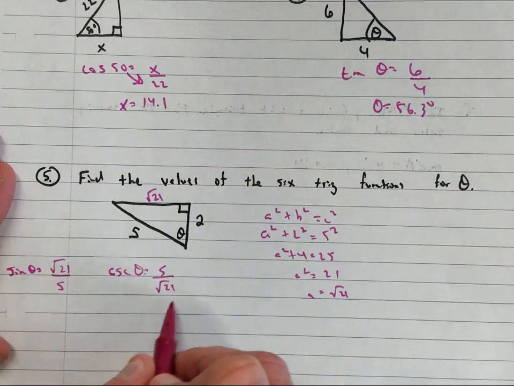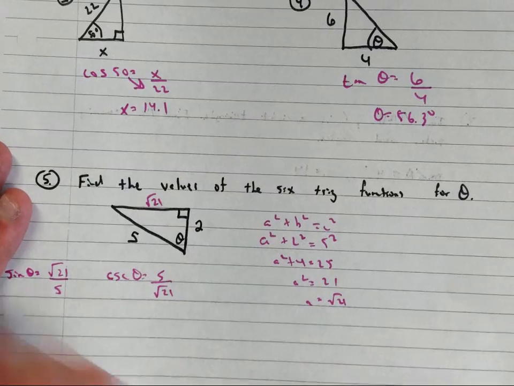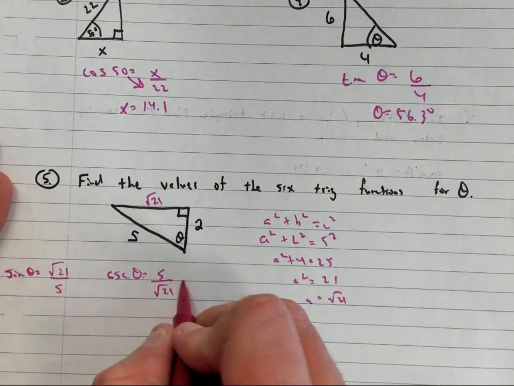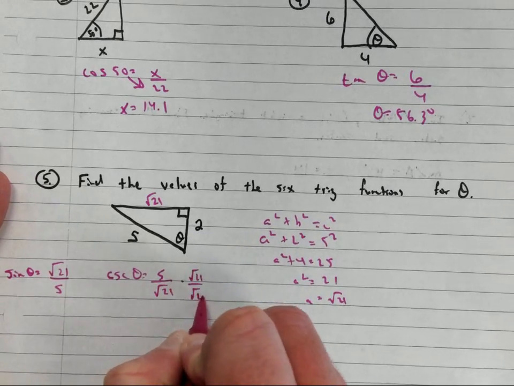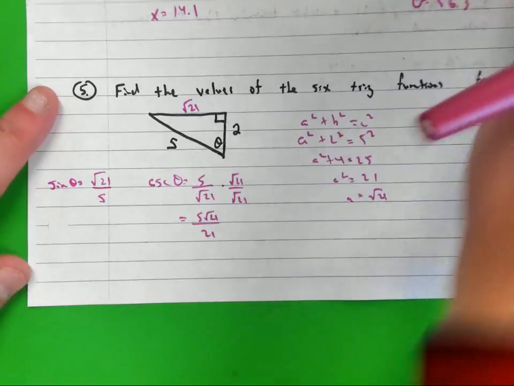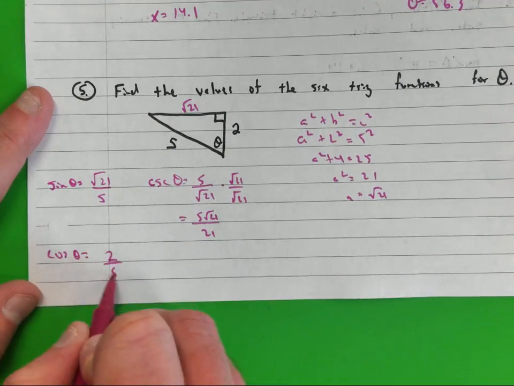How do I get rid of that square root of 21? Rationalize. So you get 5 square root of 21 over 21. Cosine. Cosine is adjacent over hypotenuse.